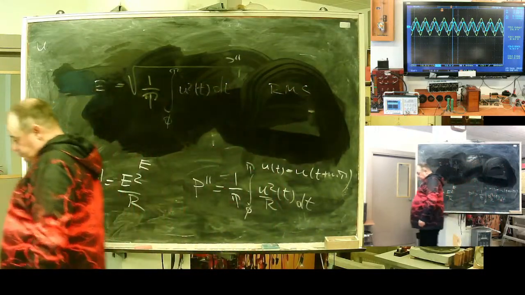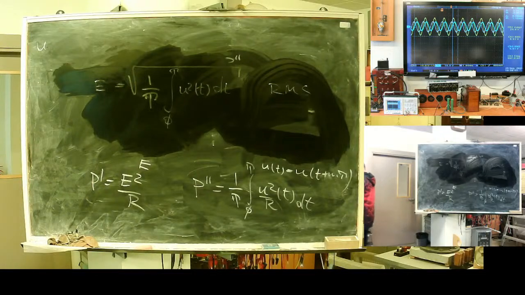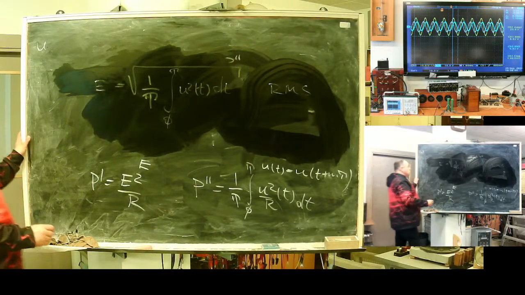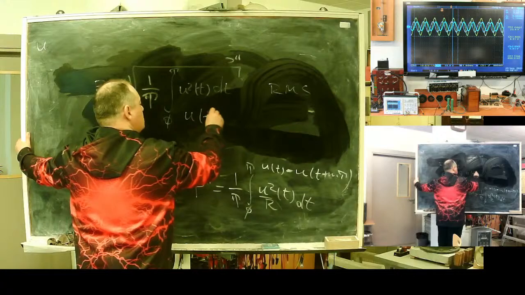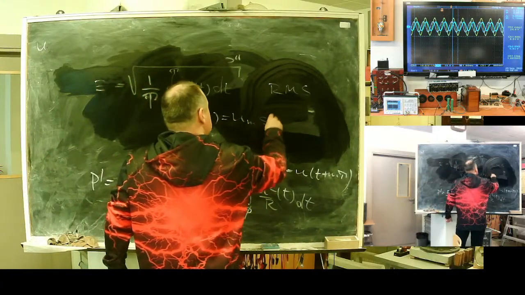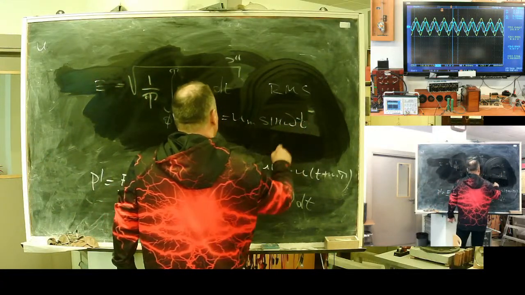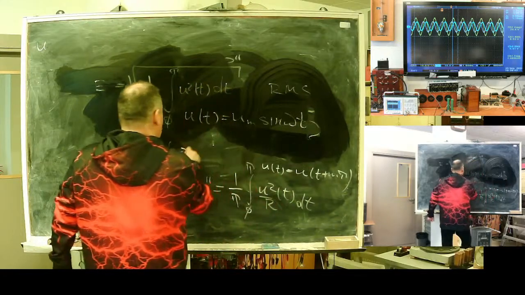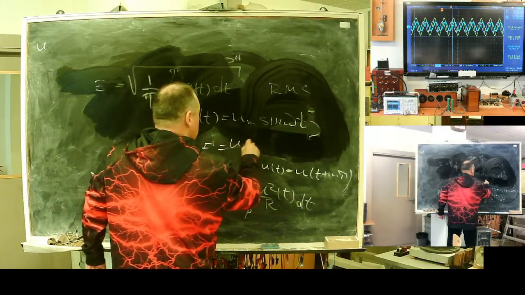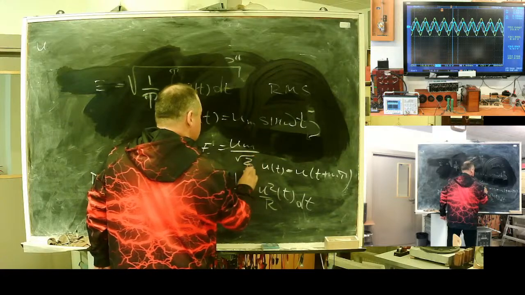For pure AC, if u is some U maximum sine omega t, E will be U max divided by the square root of 2.